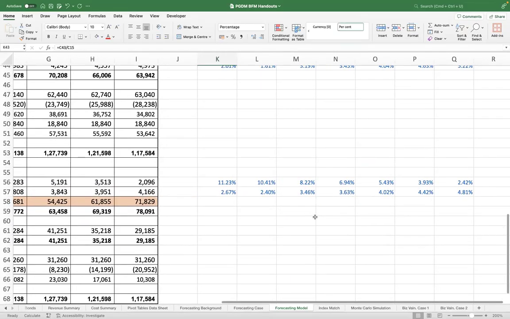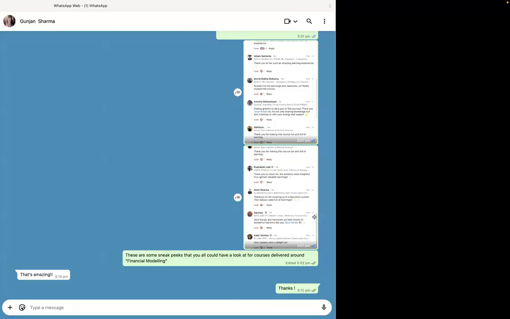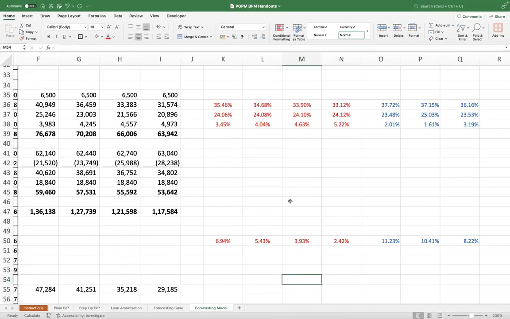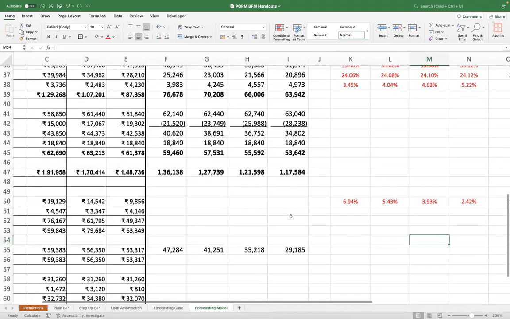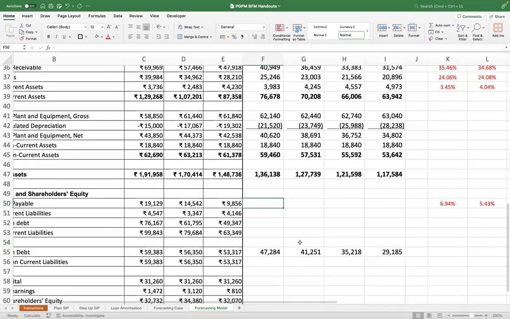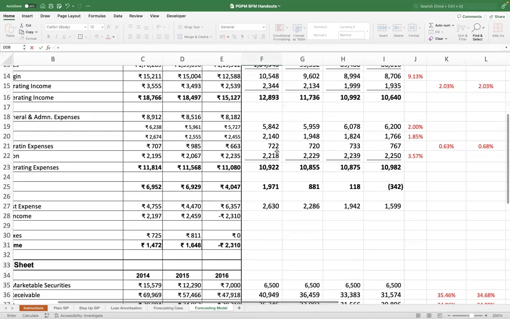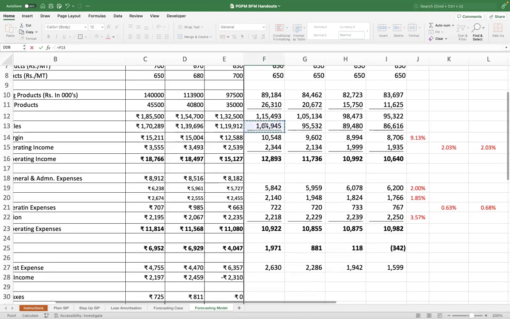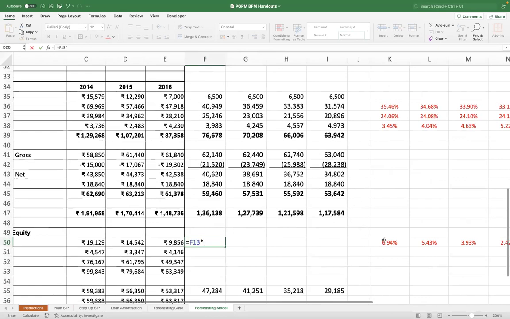Yeah, perfect. 6.94, 5.43, 3.93 and 2.42. कम होता जा रहा है ना? Numbers are declining. That's why. बस उसके बाद accounts payable will be cost of sales for each year multiplied by these percentages.